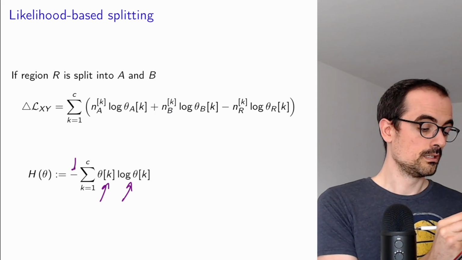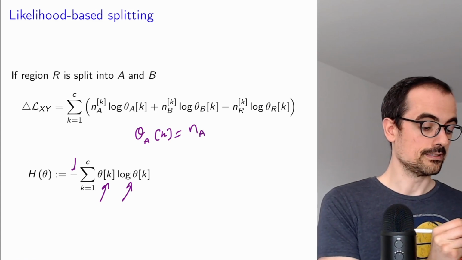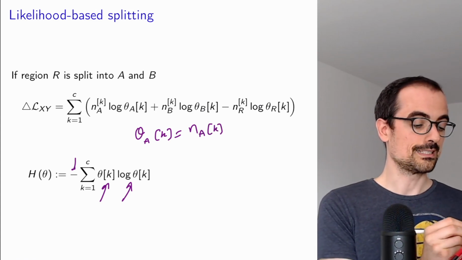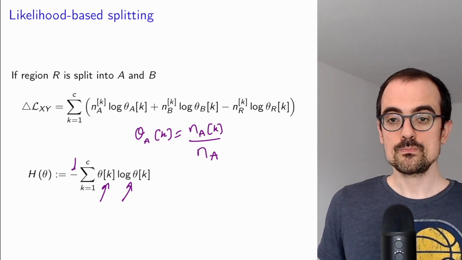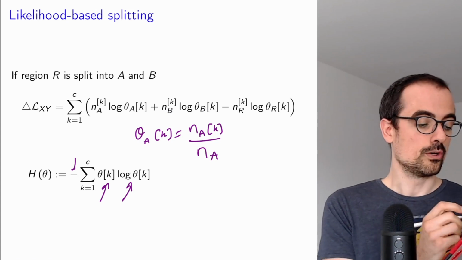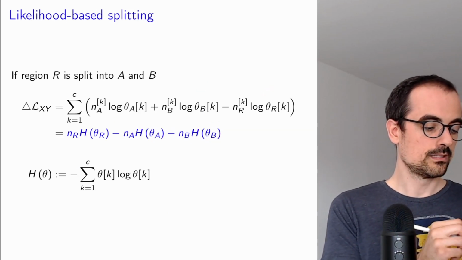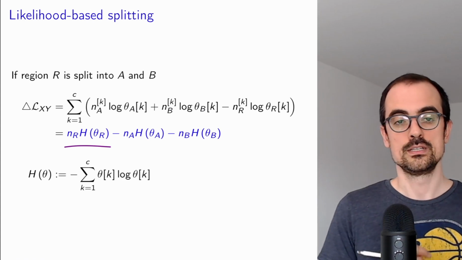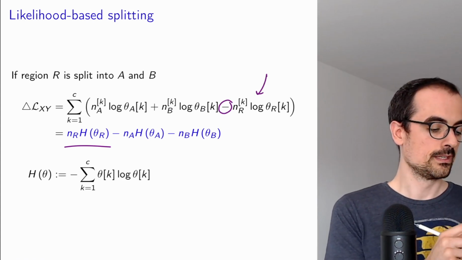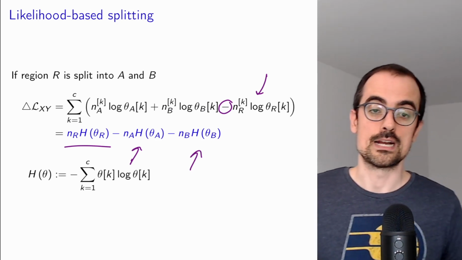If you realize here, theta A, for example, of k is just equal to the number of points in region A that are assigned to class k divided by the total number of points in that region A. So if we divide this by N_A, this by N_B, and this by N_R, we get the entropy at region R multiplied by the number of points in region R. Okay, realize that there's a minus here, minus the entropies in regions A and B multiplied by the number of points.